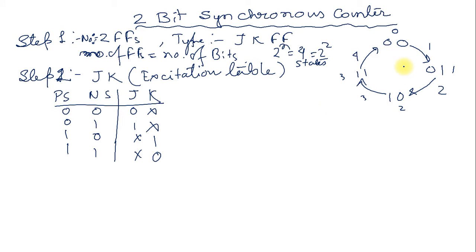We can count 0 to 3. On the basis of this state diagram, we can write the excitation table of the circuit. So step 3: first is to draw the state diagram, and second is the circuit excitation table.